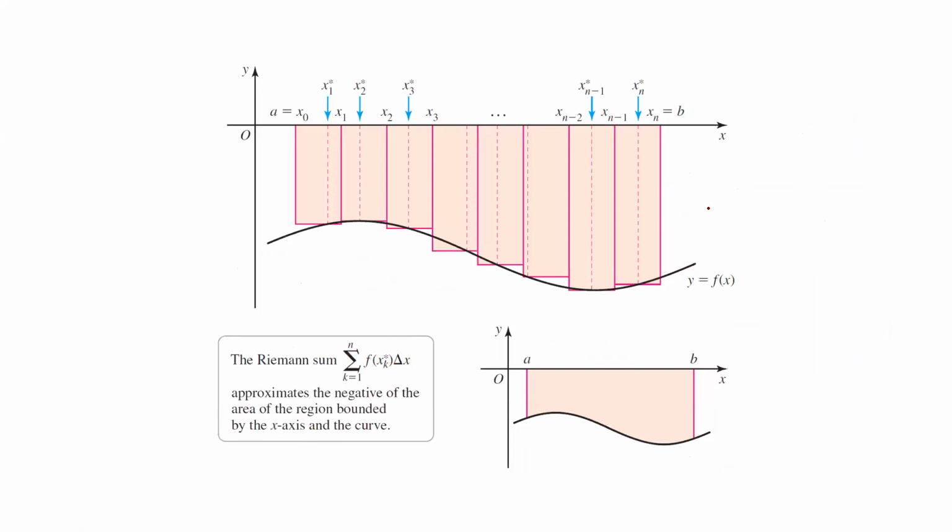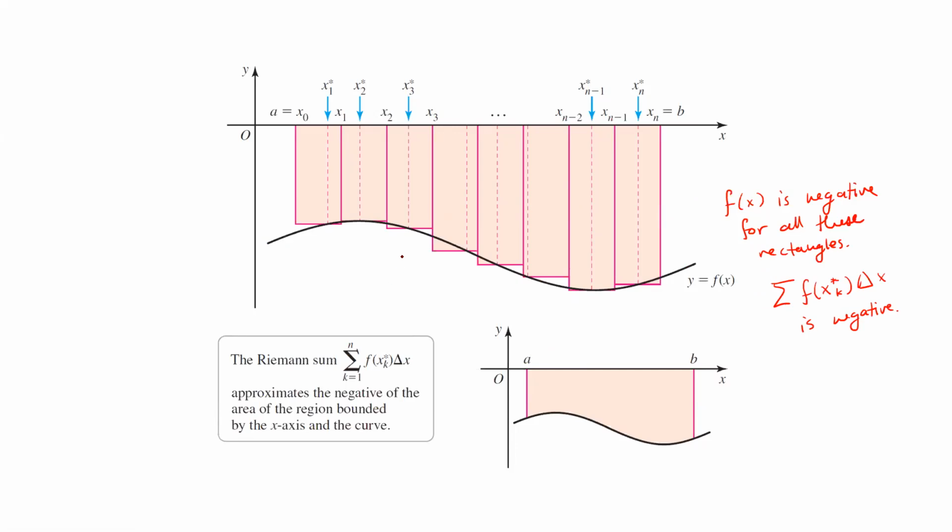Since all of these function values here are negative, for all these rectangles, it's like now the height of the rectangle is considered a negative value. Okay, so the sum of f of x k star times delta x is negative. So that gives us this negative Riemann sum.